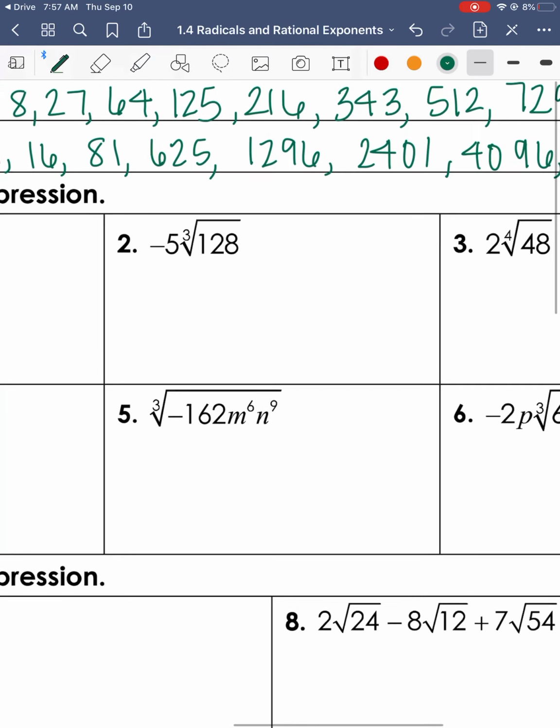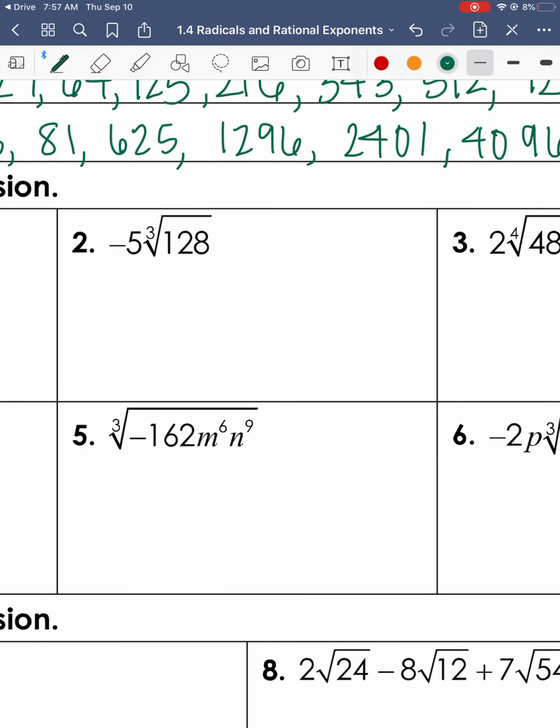So let's look at number 2 and number 3, and then we'll do a couple more examples here. Okay, so here we're just looking at this radicand here. We want to find the factors of 128 that are perfect cubes. Okay, and to save on time, I'll tell you that we have 64 times 2.